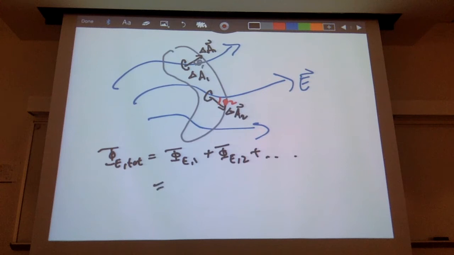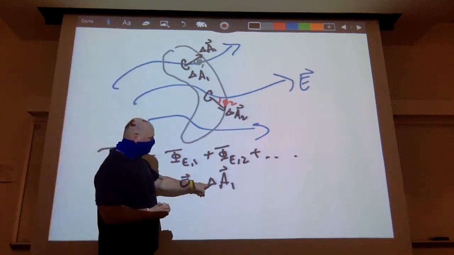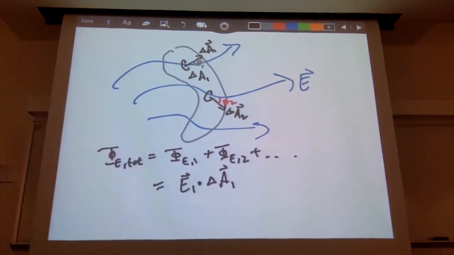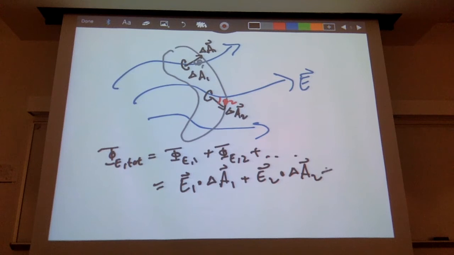This is equal to the electric field 1 dotted with the small amount of area delta A1, plus the electric field 2 dotted with delta A2, plus and so on.